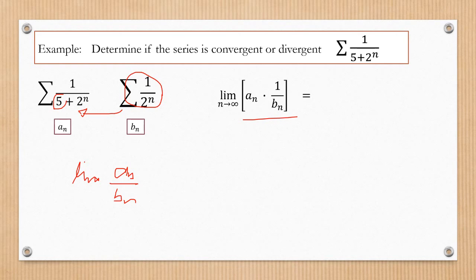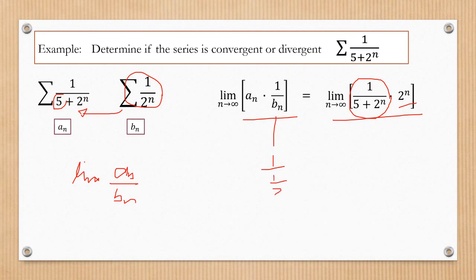We substitute An, which is 1 over 5 plus 2 raised to n, and 1 over Bn, which is 1 over 1 over 2 raised to n. Simplifying 1 over 1 over 2 raised to n, it will be equal to 2 raised to n.